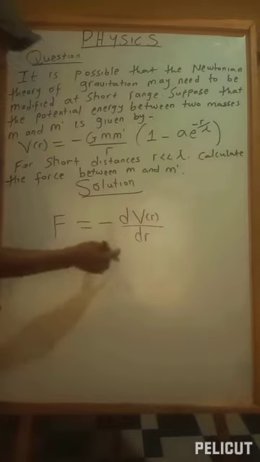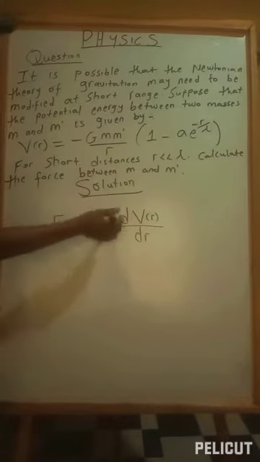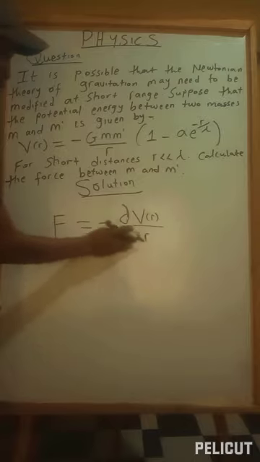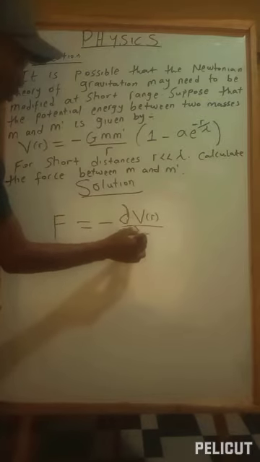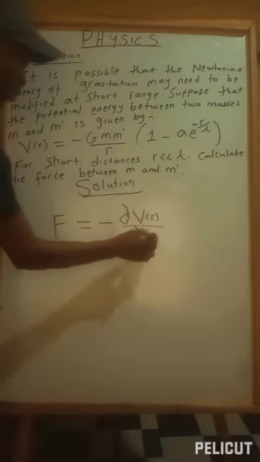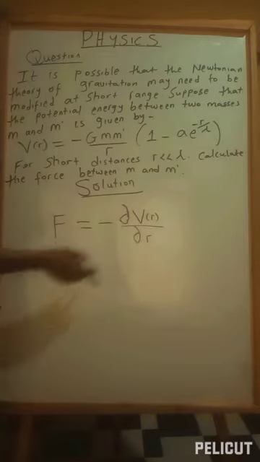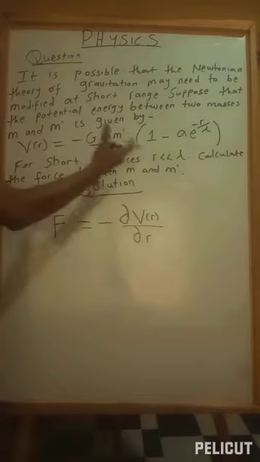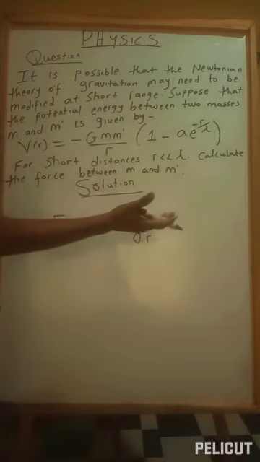So what we're saying is that this is going to be partial. Let me change this symbol to partial. I will explain the reason I'm changing it. Whenever you see the d written this way, it is a partial derivative. Why is that? We're having different variables here, not just r.